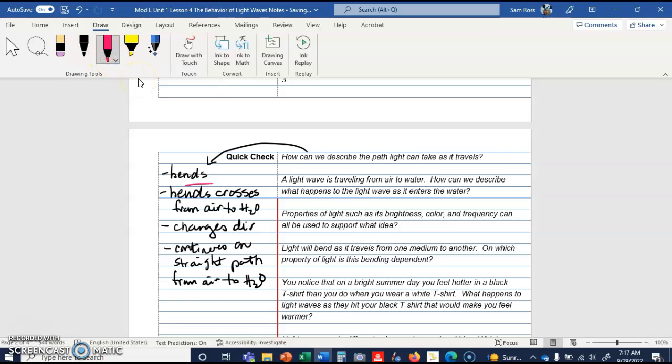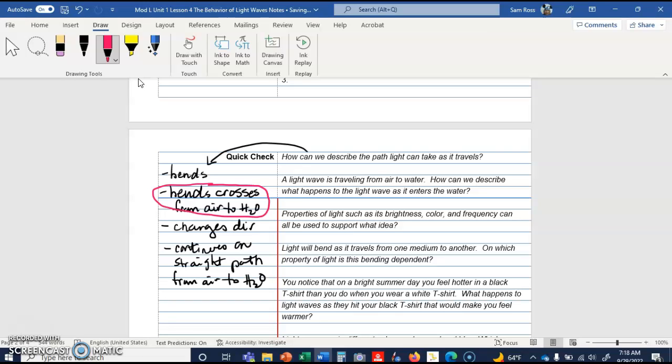And the answer is that it's going to bend. Okay, it says a light wave is traveling from air to water, which is what I was just talking about. How can we describe what happens to the light wave as it enters the water? And I just answered that.